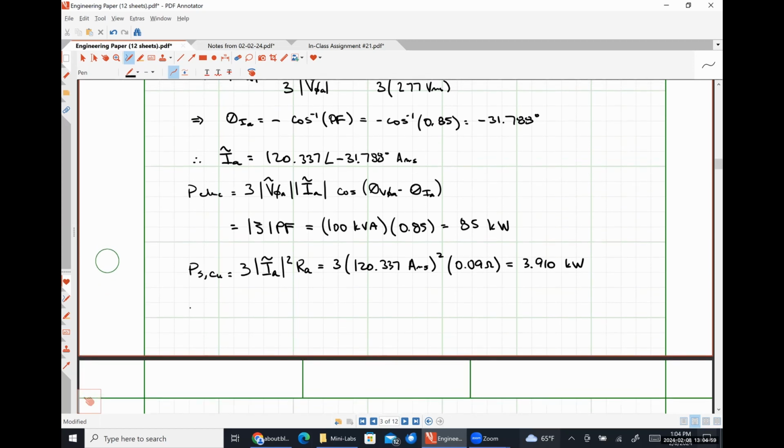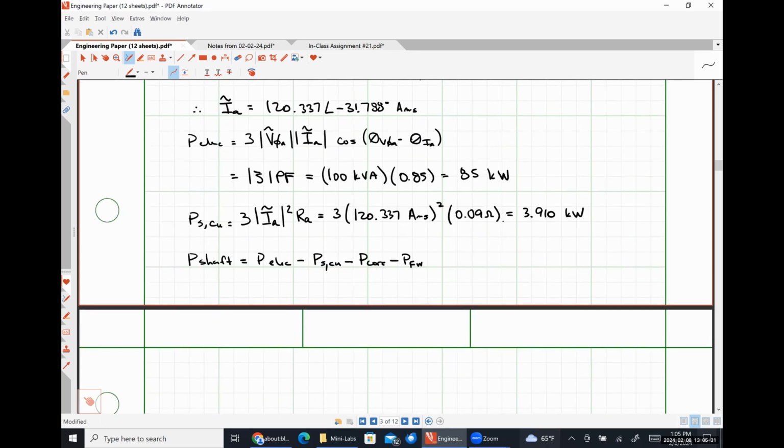So our mechanical output power at the shaft is just our electrical input power minus our stator copper losses, minus our core losses, minus our friction and windage losses. That relationship comes from the power flow diagram that we talked about at the very beginning of class. So that's 85 kilowatts minus 3.910 kilowatts.